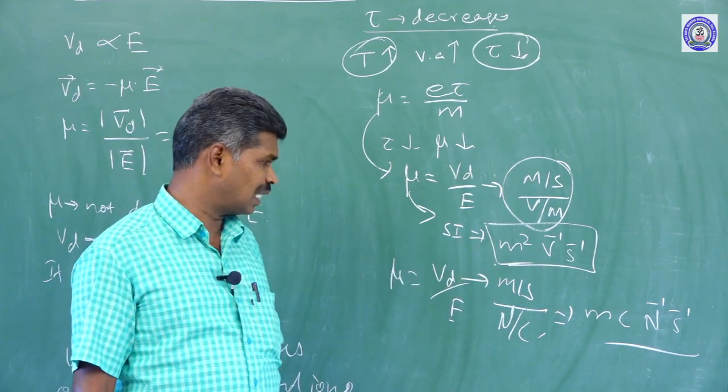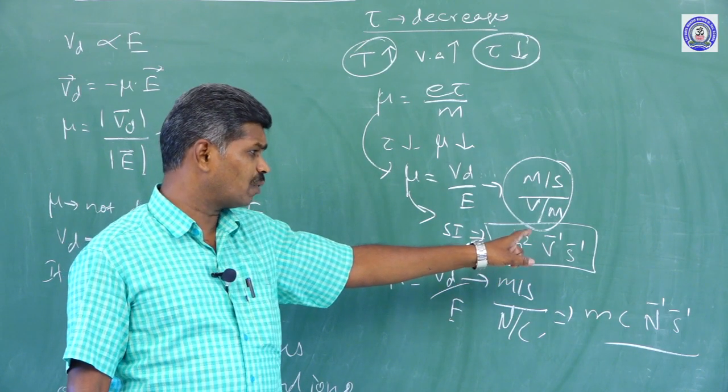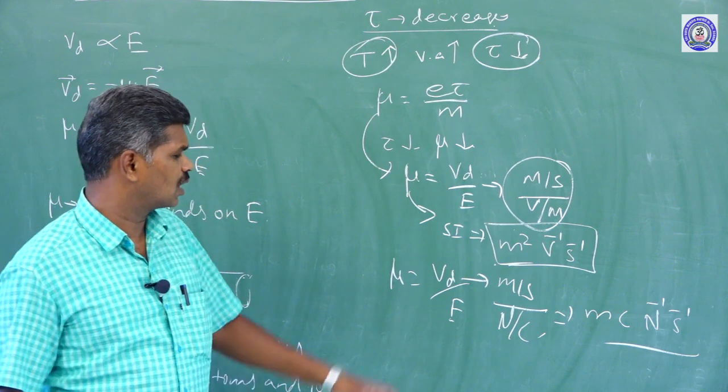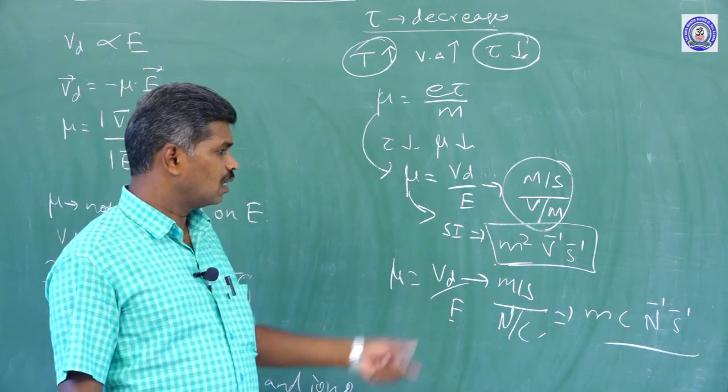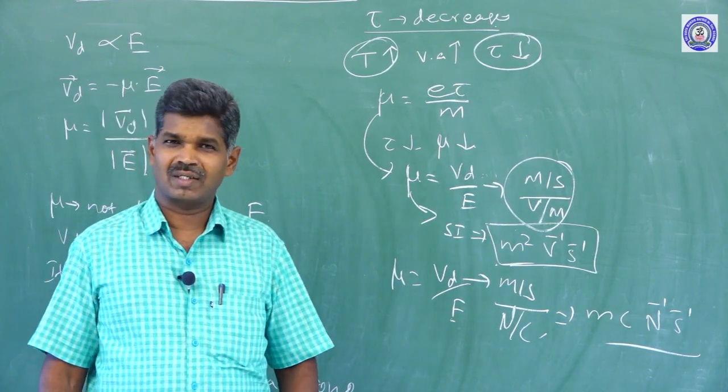Actually, in our book they gave meter squared volt power minus 1 second power minus 1. This is the mobility and its unit, and on which factor it depends and does not depend, we have completed.